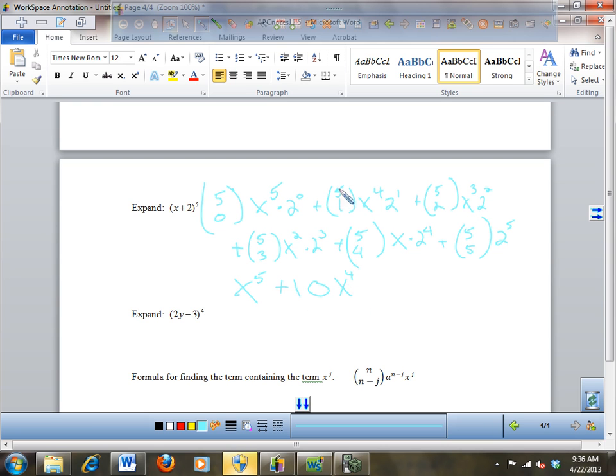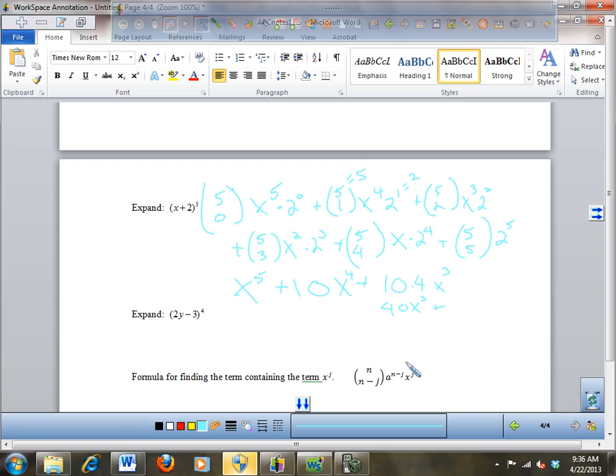See where that comes from? 5 combination 2, you can look at Pascal's triangle. What is 5 combination 2? 10. Plus 10 times 2 squared, which is 4, times x cubed, or 40x cubed.